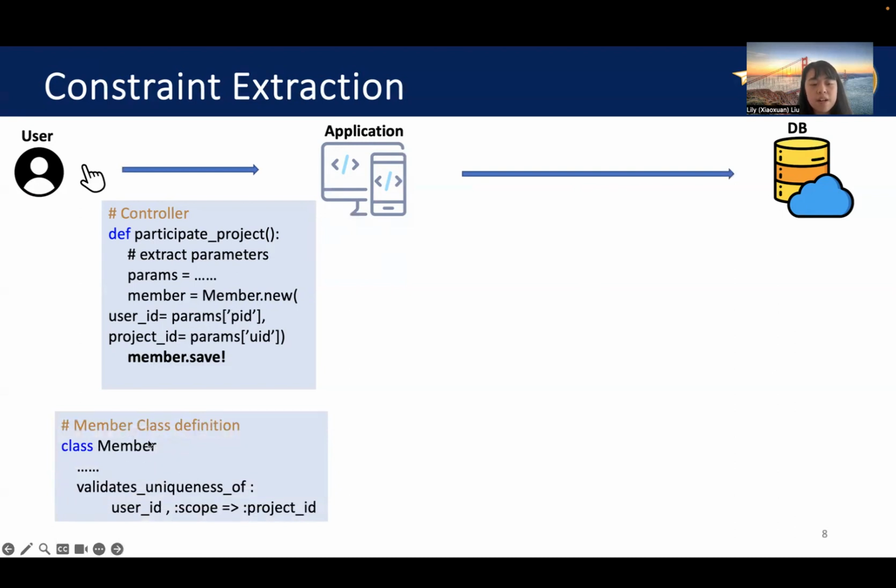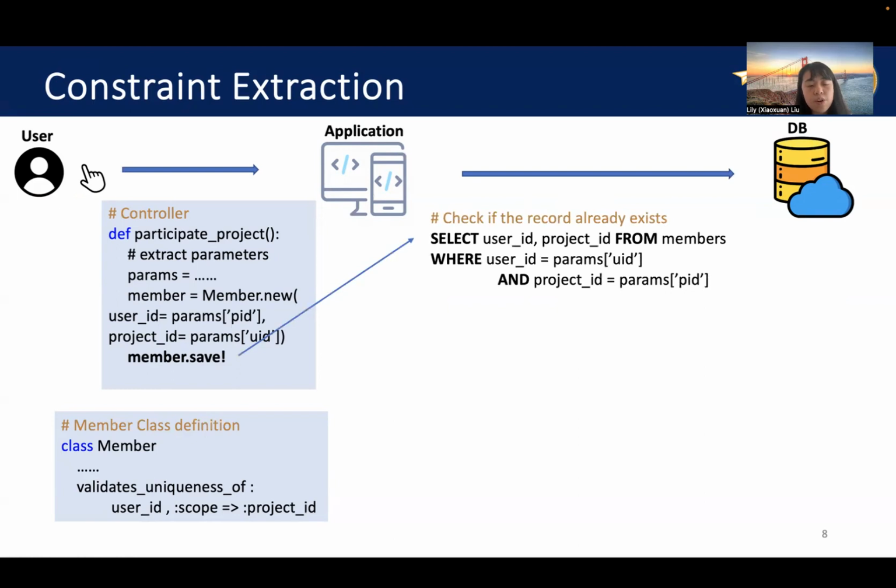So in the member class, it will define some data constraints. For example, given the project ID, the user ID is unique. And when the line of member.save is actually triggered, the framework will first translate it into a SQL query to check if the record already exists in the database.